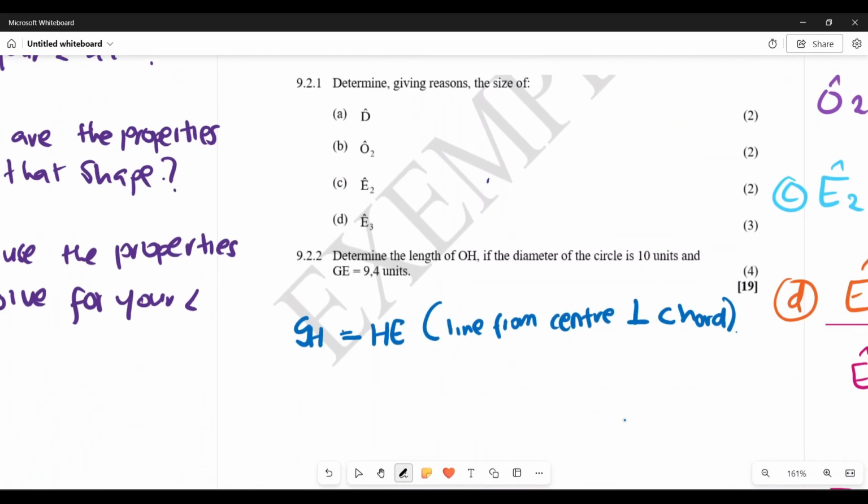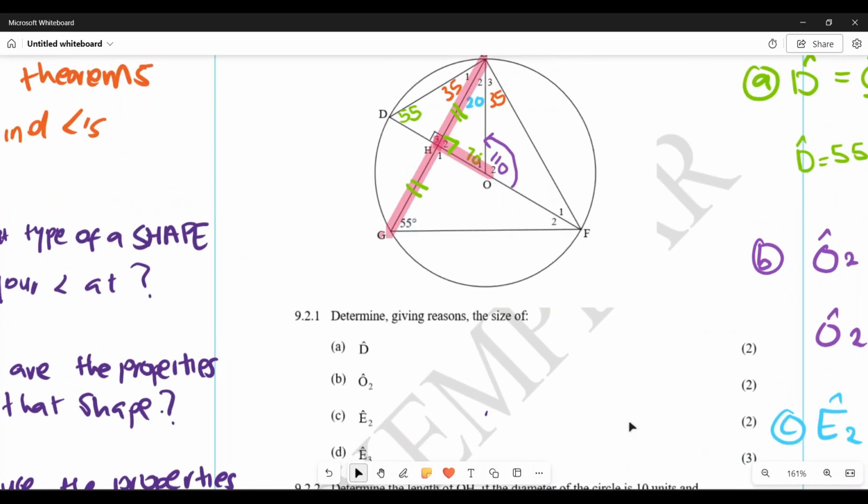So, okay, if the diameter of the circle is 10 units, now remember, our diameter is this line from D to F. If it's 10 units, remember, this O is my center. So as a result, DO, right, OD is going to be equals to OF. Why? Because both these are radii. Right? Both of these are radii.